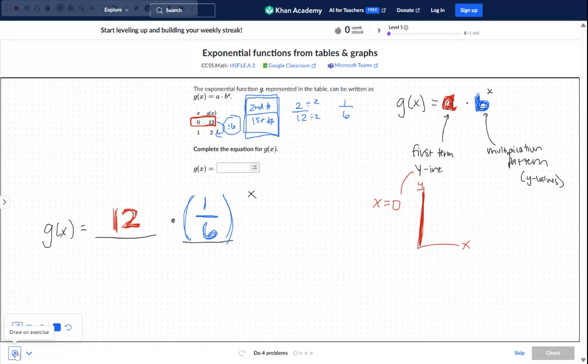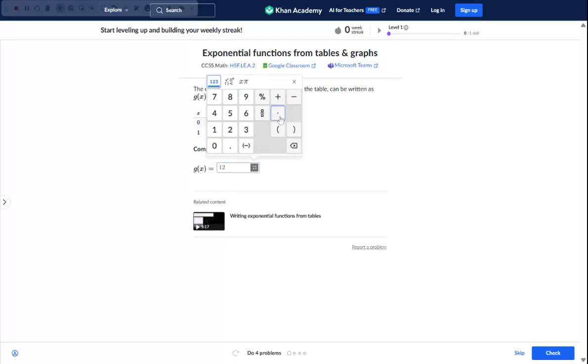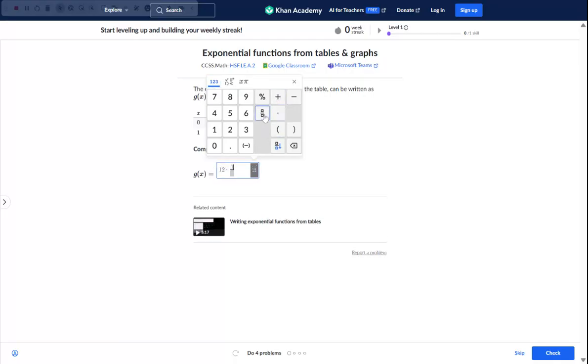All right, so let's try plugging that in. 12 times 1/6 to the power of x. I have to put these in parentheses.